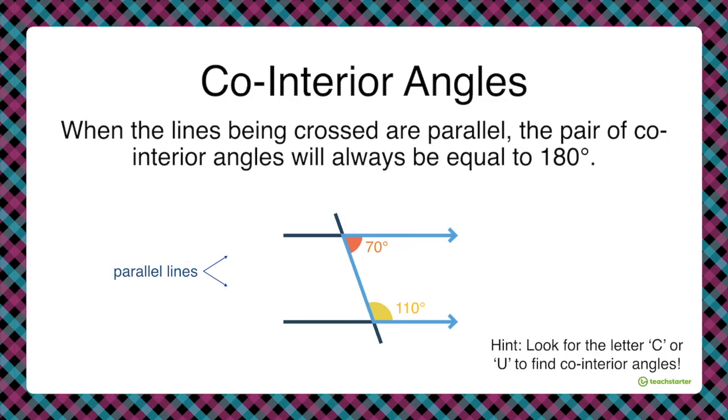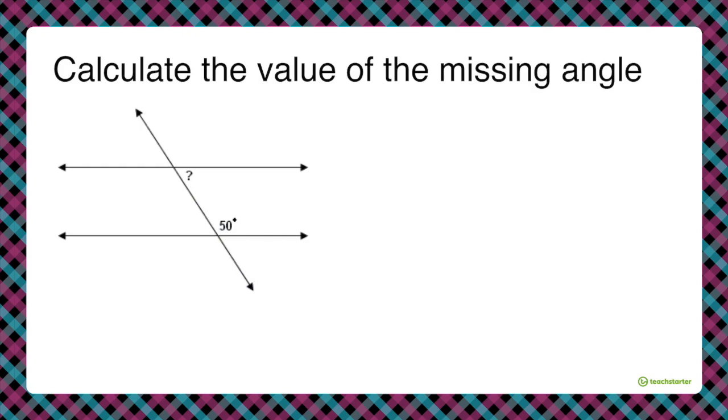So let's have a bit of a try. So here I've identified my C. So I'm going to write here for my teacher the C rule so that they know that I know co-interior angles. Now I have to do a bit of calculating. So the total value is 180 and I've used up 50 degrees on this angle.